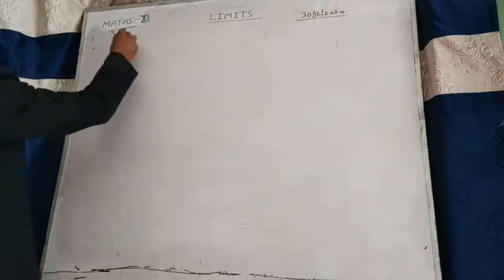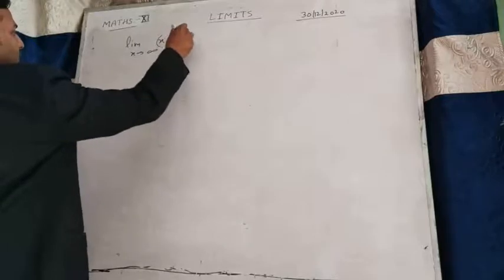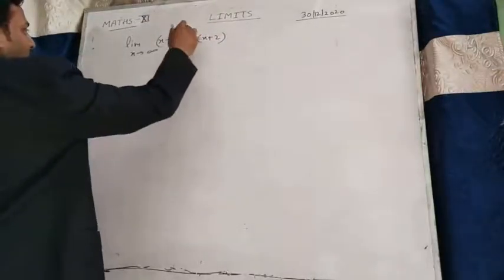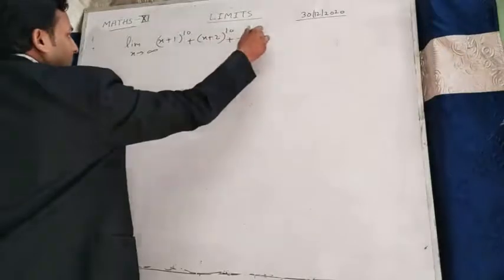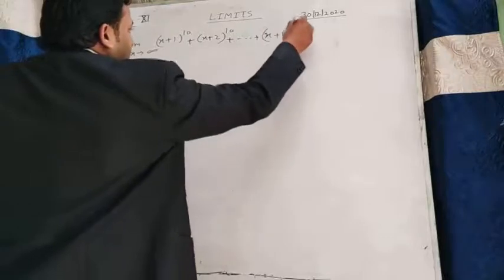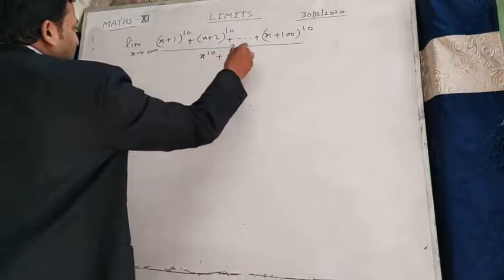Our next question is, student, limit x tends to infinity of (x plus 1) to the power 10, plus (x plus 2) to the power 10, plus dot dot dot, plus (x plus 100) to the power 10, divided by x to the power 10 plus 10 to the power 10.